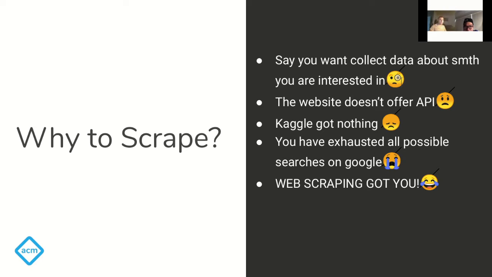Imagine you need to gather some data, let's say about job listings, and there are websites like Kaggle and other data websites that you can gather the data from, or there are APIs you can use, but sometimes some websites offer neither, and you're stuck. You have exhausted all possible searches on Google, so you don't know what to do. That's when you refer to web scraping.